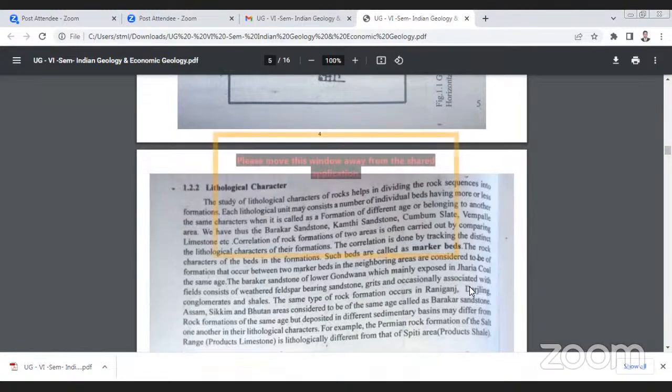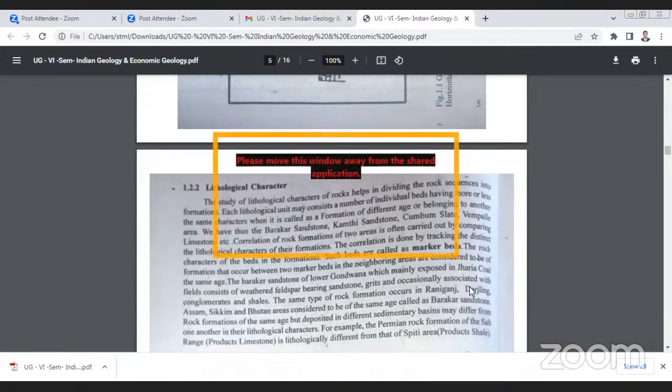So the Barakar sandstone belongs to the Lower Gondwanas, and it is exposed particularly under the Jharia coal deposits, consisting of feldspar-bearing sandstone, or sometimes an association of grits, conglomerates and shales also.